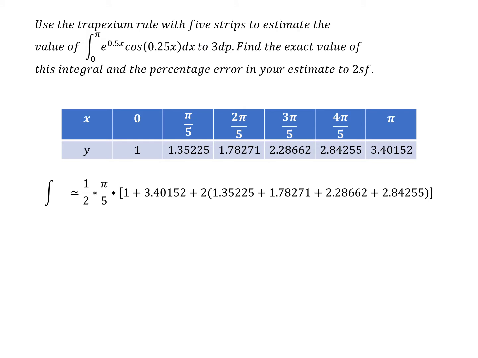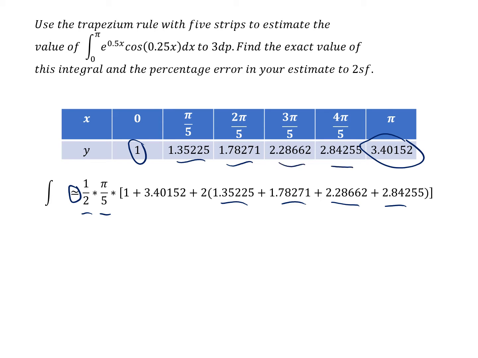So then putting those numbers into the formula for the trapezium rule, the value of the integral is approximately equal to a half h, where h is the width of each strip, times the first value here, which is 1, plus the last value, and then 2 lots of all of the others added together.